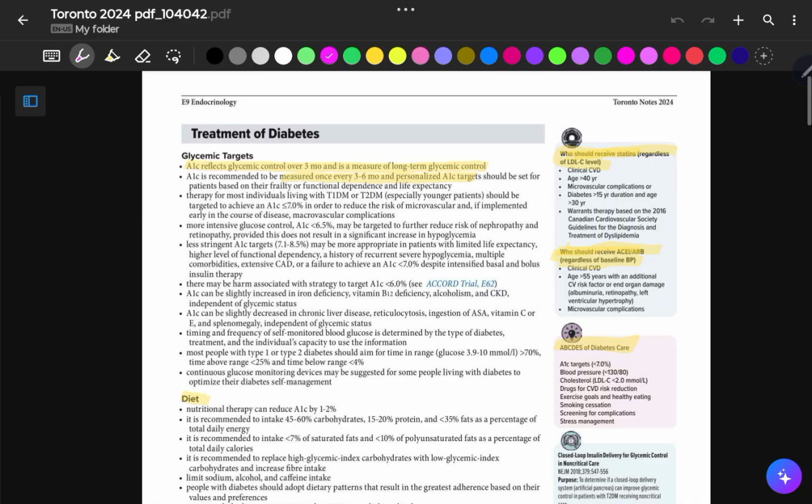Therapy for most individuals living with type 1 or type 2, especially younger patients, should have a target A1C of less than or equal to 7 in order to reduce the risk of microvascular and macrovascular complications. More intensive glucose control, with an A1C of less than 6.5, may be a target for further reduced risk of nephropathy and retinopathy.